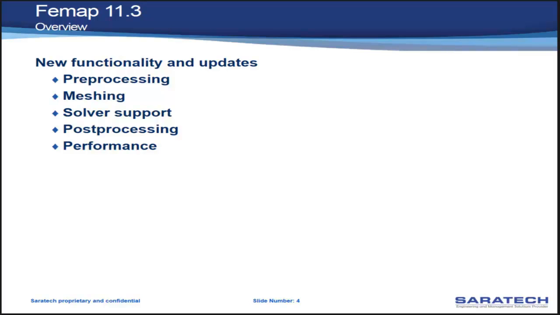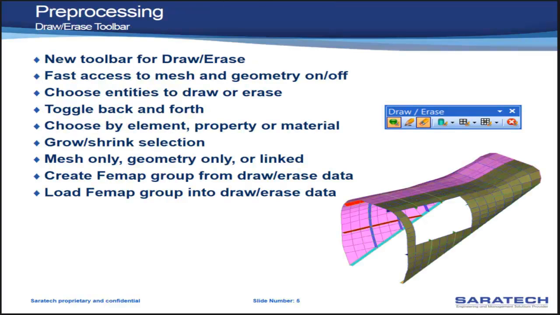So let's go ahead and, without further ado, start with the first and one of my favorite ones actually. The very first functionality is in pre-processing, and this is the new toolbar for draw erase, sometimes called plot erase or on or off toolbar. It's a brand new toolbar, and it basically allows you to access mesh and geometry and turn them on and off a lot quicker, and it'll allow you to draw erase entities, and the entities will remain in that state until the toolbar is cleared.